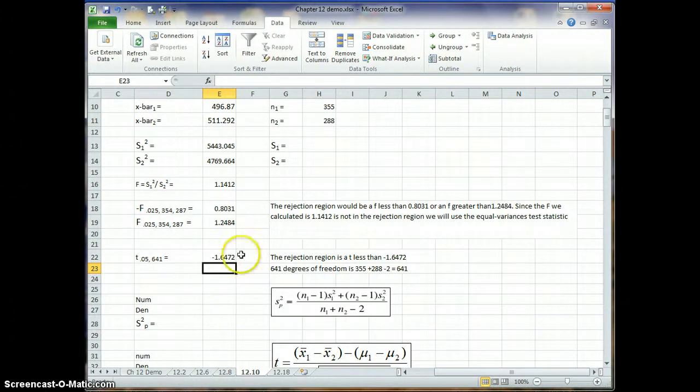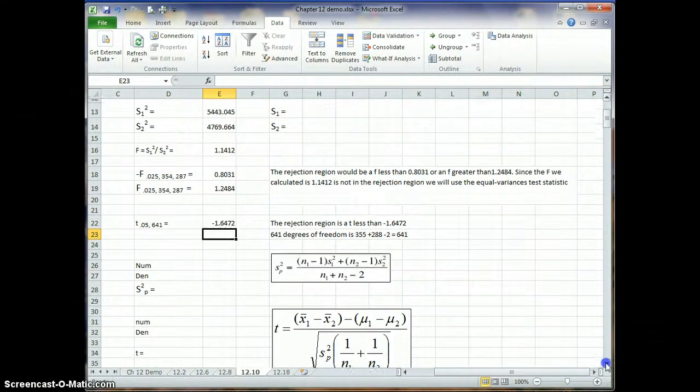So now we're going to compare that rejection region: if it's far enough on the negative to be less than this, when we calculate this t, we'll consider that it did make a difference.